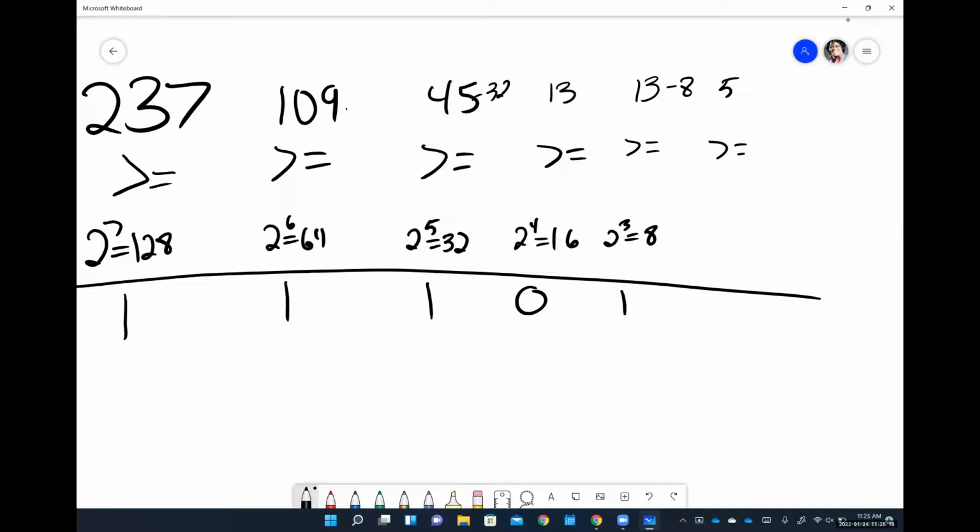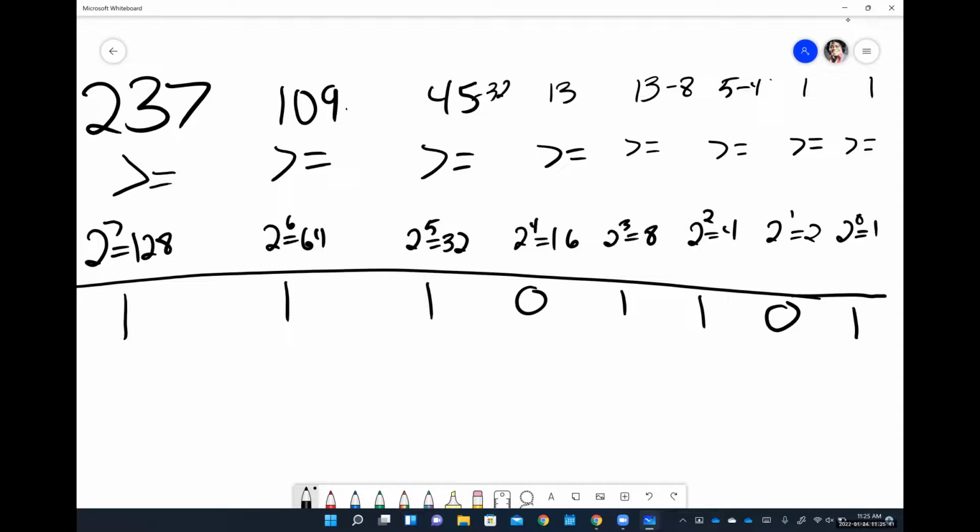Is 5 greater than or equal to 2 to the power 2, which is 4? Yes. Pull down the 1. Subtract the 4. We have 1. Greater than or equal to 2 to the power of 1, which is 2? That's a no. Pull over the 1. Greater than or equal to 2 to the power of 0, which is 1?